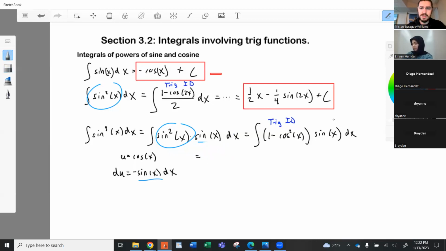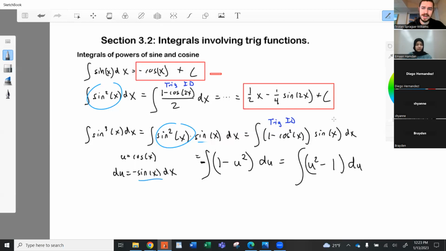What we end up with, after the u substitution, is an integral of 1 minus u squared. That's from this here. We have a negative sign in here, so I've got to stick that in there. The sine x dx gets used up to make my du. I can apply that negative sign by just flipping the order of that subtraction.